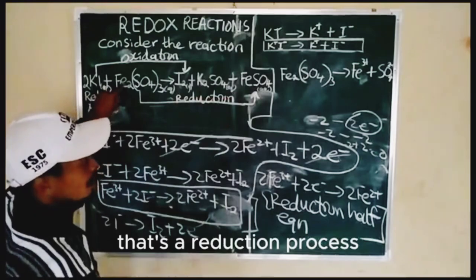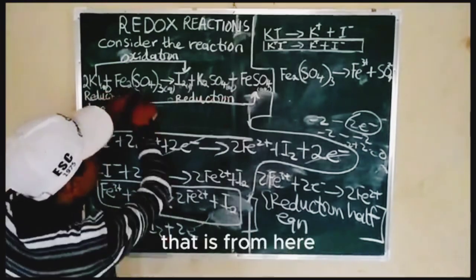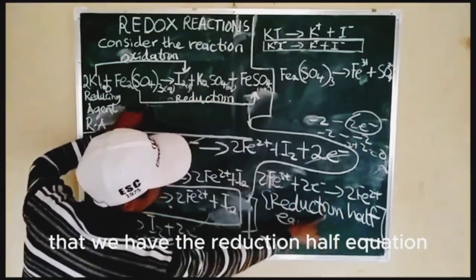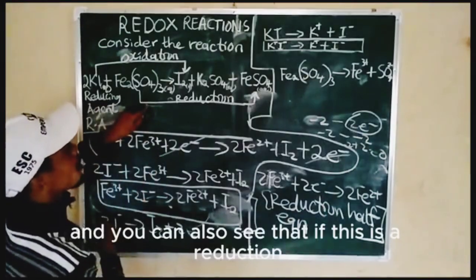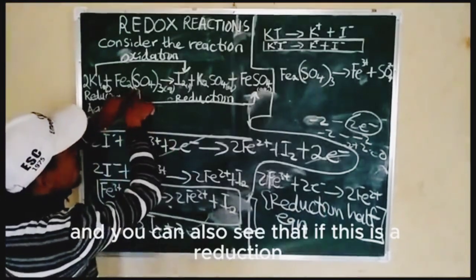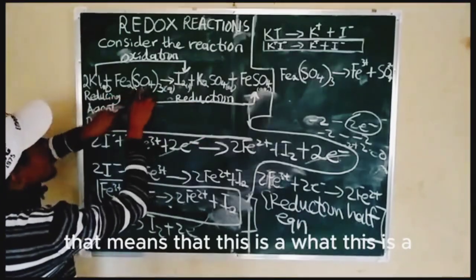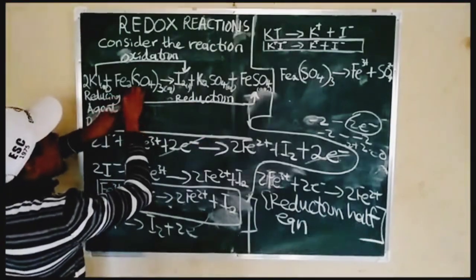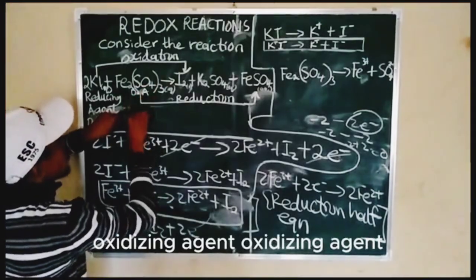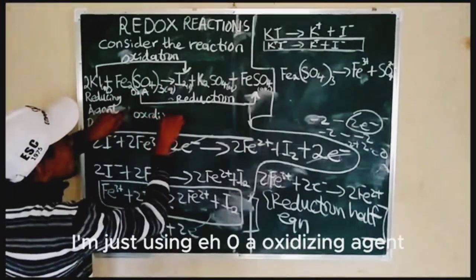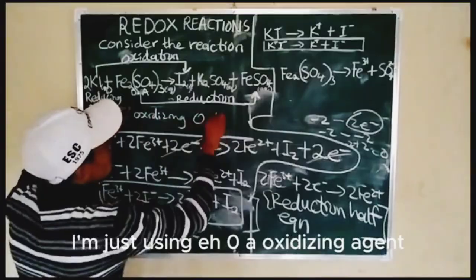It's from here that we have the reduction half equation. And if this substance undergoes reduction, that means that this is the oxidizing agent, I'm just using OA.